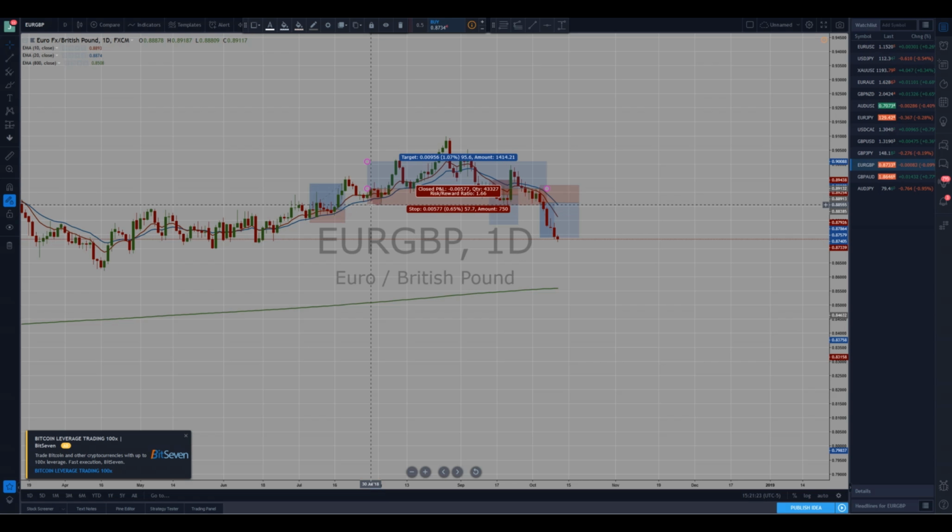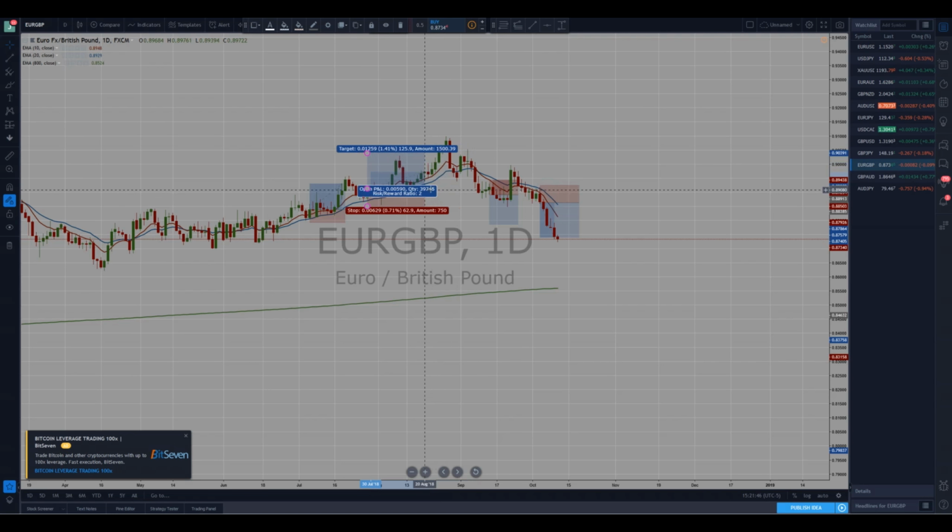If you went 10 pips, how much was that? 47, so that would have been 57. You would have just barely got stopped out. If you went 15 pips, then you would have been fine in that, and your 2 to 1 would have still been hit.